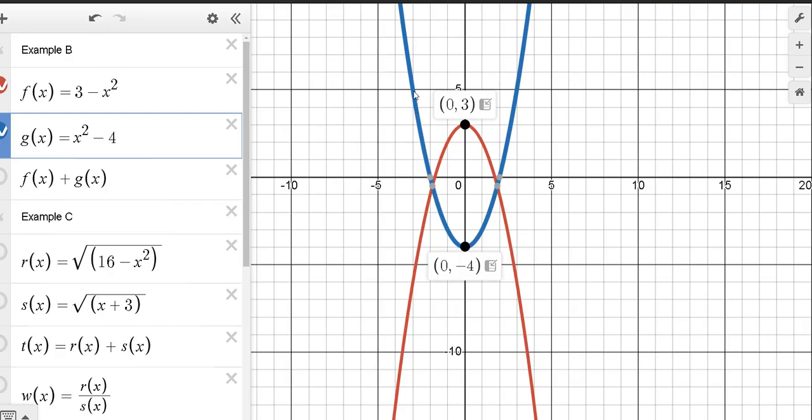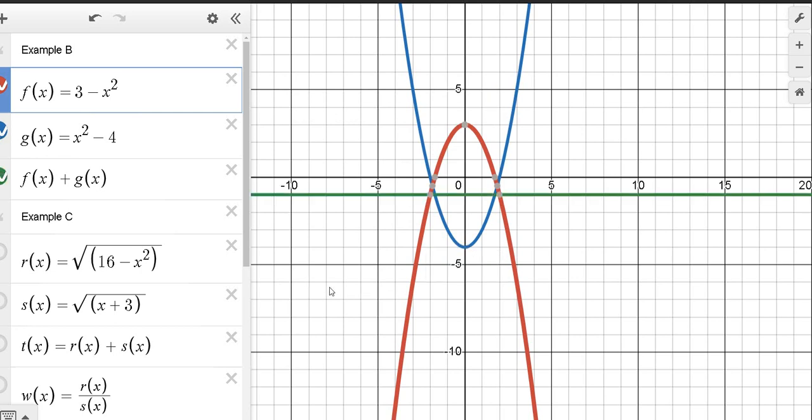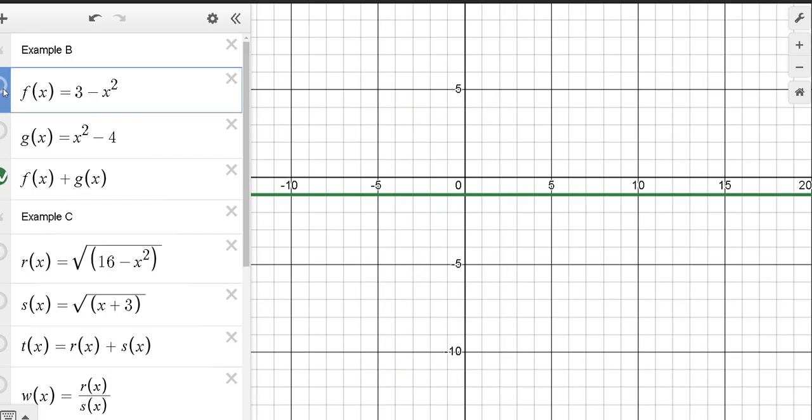If you find two other points, let's say over here at -3 you get +5, and at -3 here you get -6. -6 plus +5 gives you -1. No matter what, when you add these two functions together, you get -1. So, all right, nice.